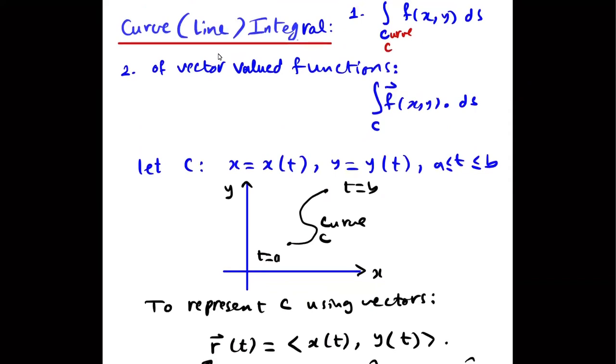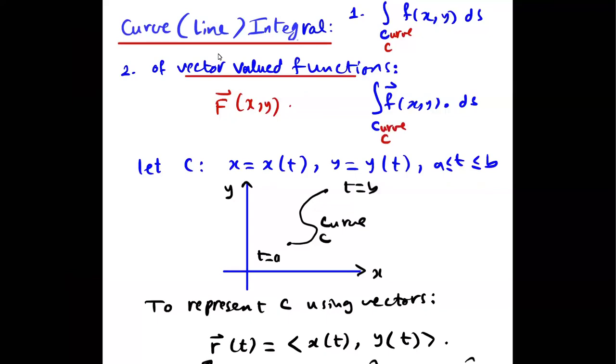We studied last time the vector valued functions. What is called F of x, y. Vector, you input a vector and output a vector. So now we have to integrate a vector valued function over some curve.